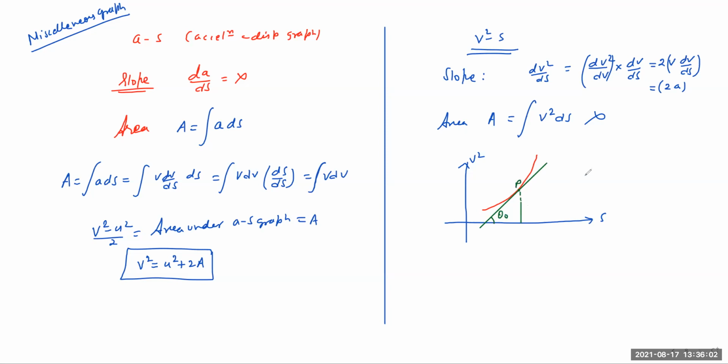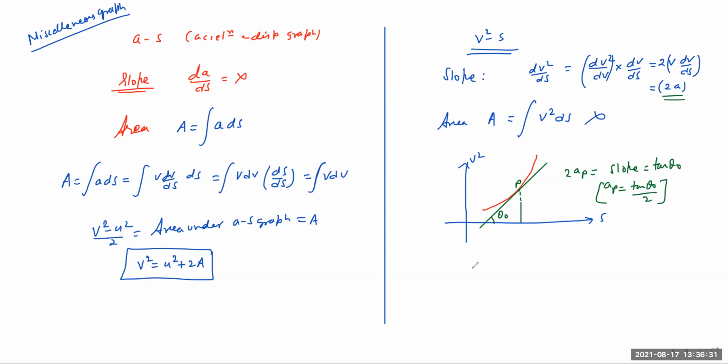At point P, what is the acceleration? Twice the acceleration at any point is the slope, so the slope gives you double the acceleration. So acceleration is half of the slope, isn't it?